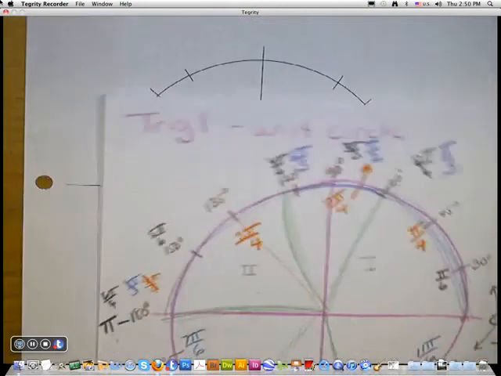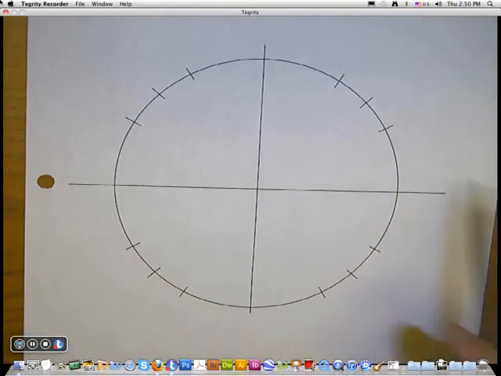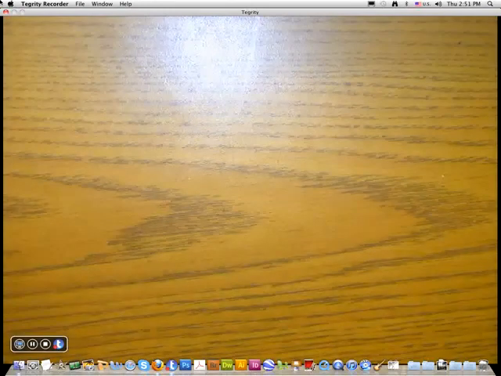And you're going to be doing that until you get 100% at it. But this is the circle, and you have 1 minute to be able to fill it in with every degree and radian measurement. You need to be able to go back and forth between degrees and radians without any hesitations. All right, and that's going to be day 1 of trig 1.